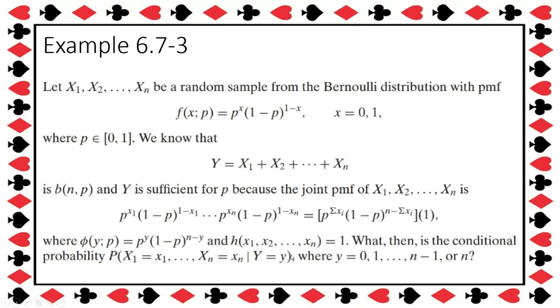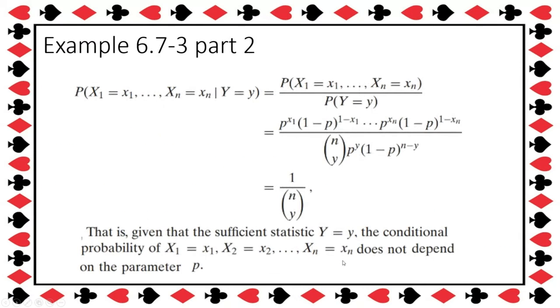Conditional probability of, suppose you have the y, what would be the probability of x1, x2, and xn? So here we're going to try to find a conditional probability. According to the conditional probability formula, the denominator should be the probability of the condition event, and the numerator should be the joint event.